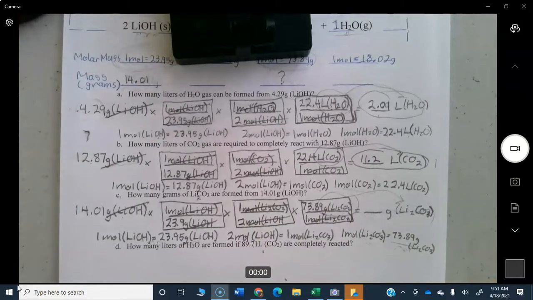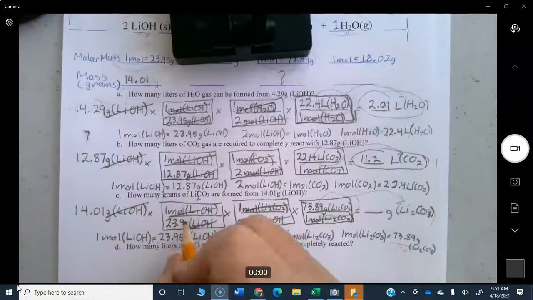So now we go ahead and we multiply 14.01 times 1 times 1 times 73.89 divided by 23.9, should be 0.95.